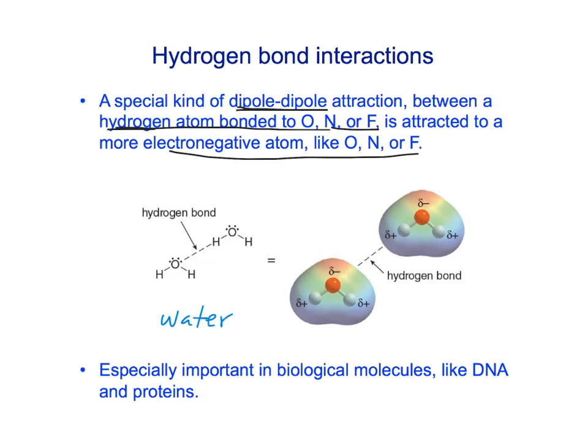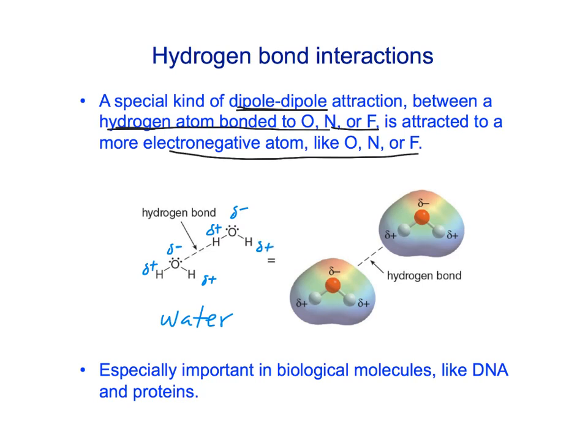Okay, and what we see in water is that we have these polar oxygen-hydrogen bonds. So we have a delta minus on the oxygen and a delta plus on each of the hydrogens. So the delta minus in one molecule gets attracted to the delta plus in another water molecule. And then we have delta minus, delta plus.